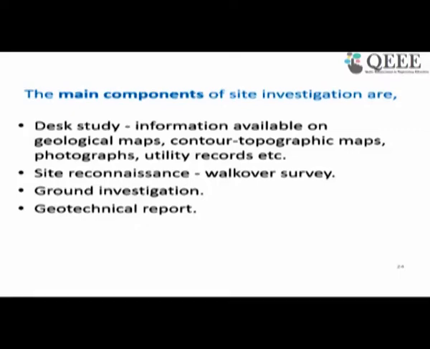Then we go by the site reconnaissance walkover survey, which is basically a preliminary survey for the site. Then we go by the detailed ground investigation, and then the geotechnical report. These are the four main components related to site investigation: the desk study, the preliminary site investigation or walkover survey, ground investigation, and the geotechnical report.